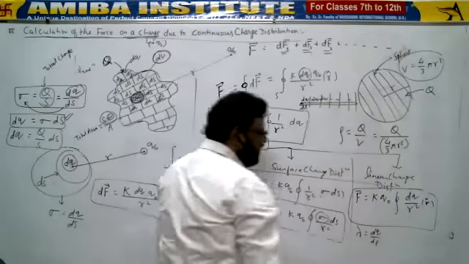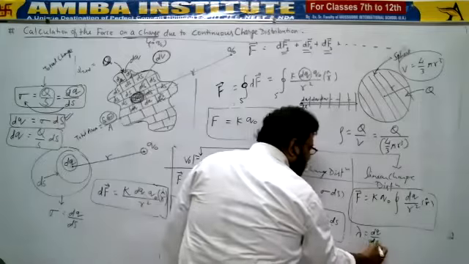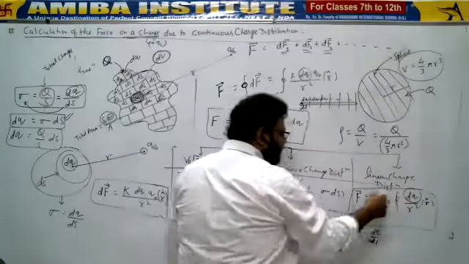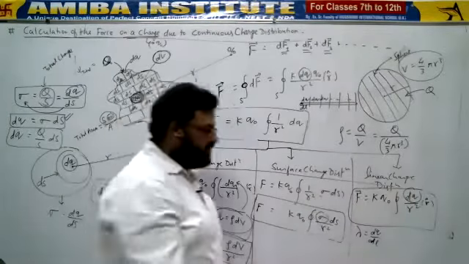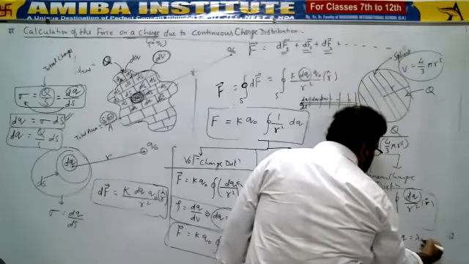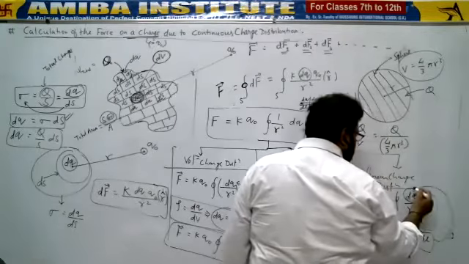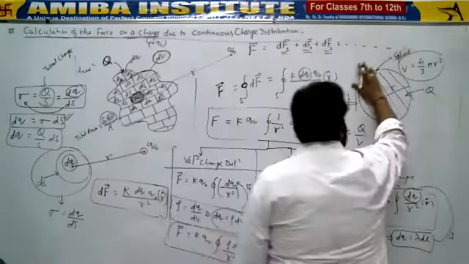So linear charge density will be dq by dl. For finding the value of dq so that it can be replaced, dq is equal to lambda dl. Now substitute the value of dq here and you will get the answer.